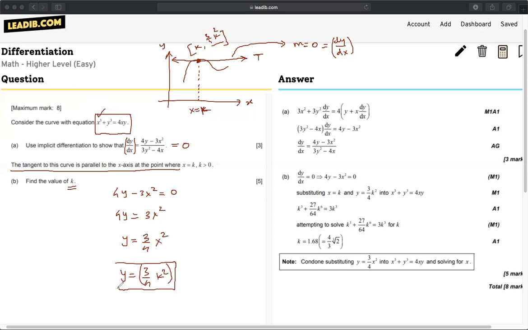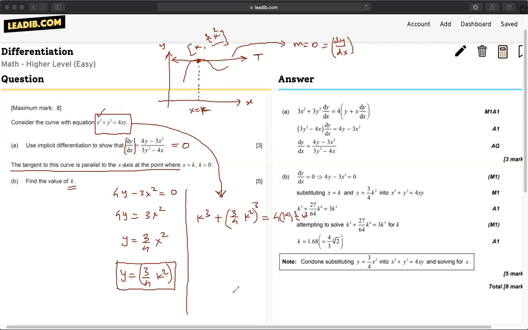When I put that in the equation, see what I get. x cube will become k cube, and y cube will become 3 over 4 k square, cubed, and that is equal to 4x, with x as k.